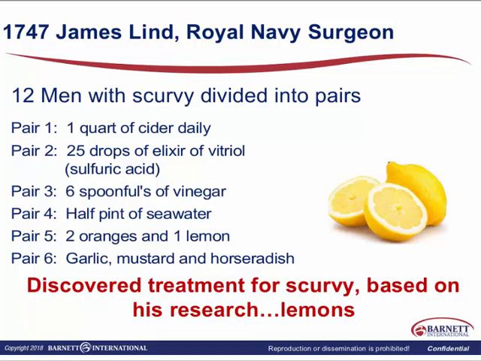What he discovered was that the group that received oranges and lemons treated the scurvy. So again, through a trial of treatment, a treatment was then recommended to prevent progression of disease.